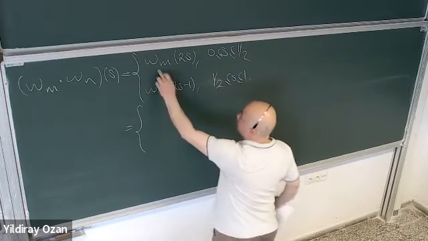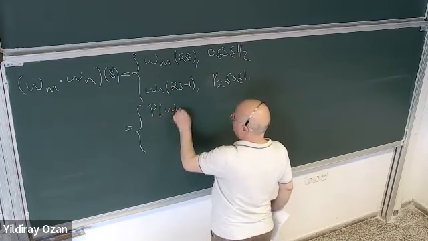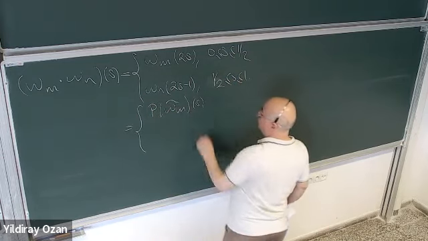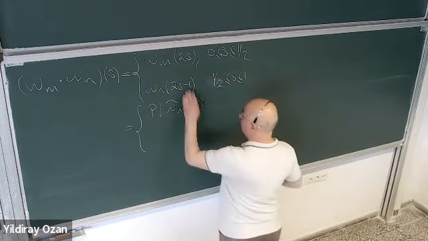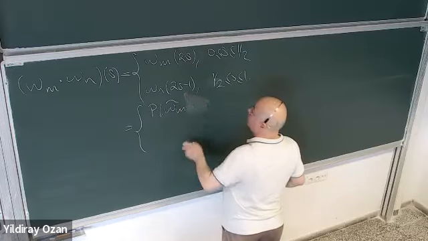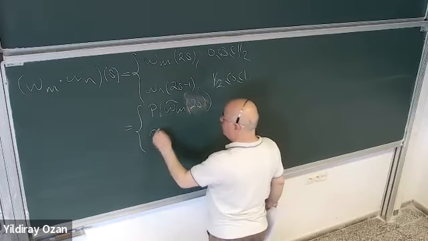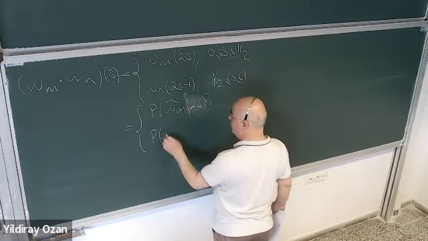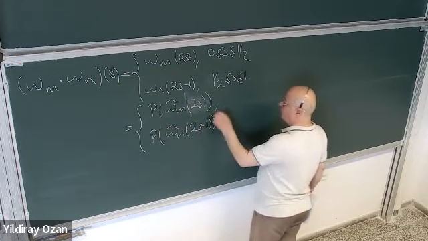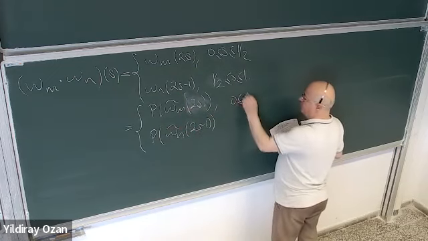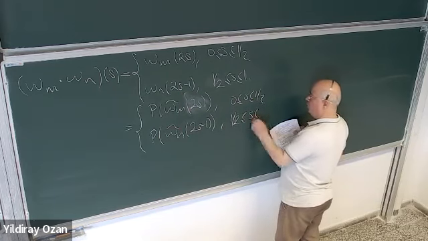Okay, now Wm is just P composition Wm tilde. No, I should write it this way. Here I have 2s, and this is just P composition Wn tilde of 2s minus 1. Here s is between 0 and 1 over 2, and here it is between 1 over 2 and 1.